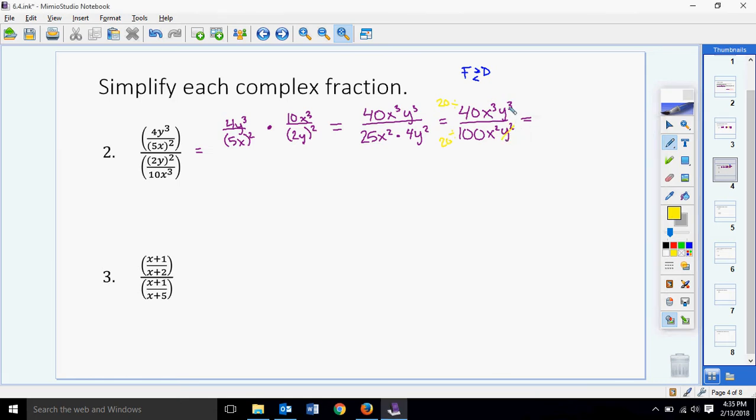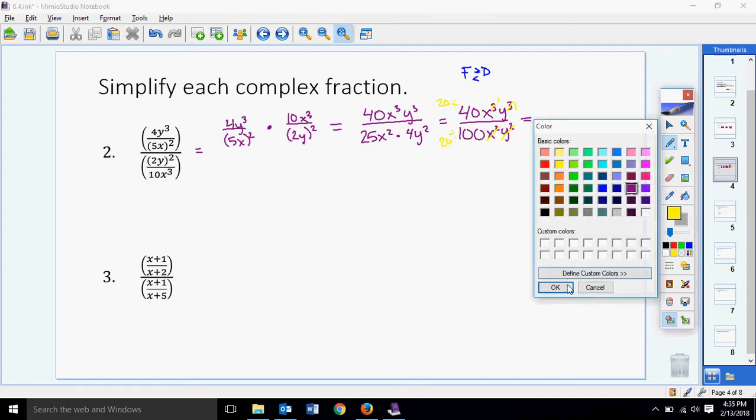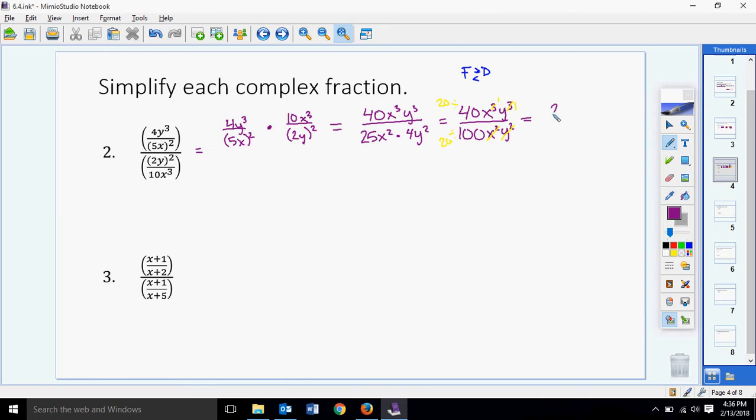So I have 2 in the bottom and 3 in the top. So the 2 in the bottom will cancel, and then I'd be left with 1 in the top. Same thing with my x's. So the simplified form of this would be 2 over 5, and xy is in the numerator. There's no xy in the denominator.